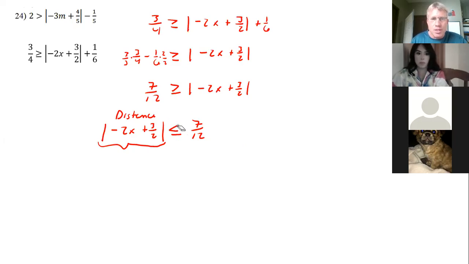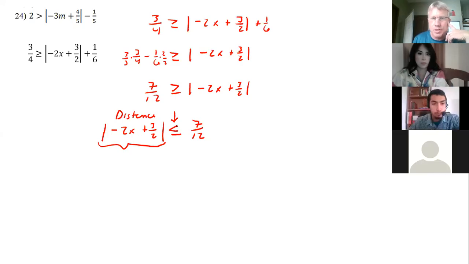My question is, is this symbol telling me that I want the distances to be closer to 0 or further away from 0? That's the key idea. Closer to 0. I want the distances to be less than something. If I want the distances to be less than something, I'm wanting the distances to be smaller, right?